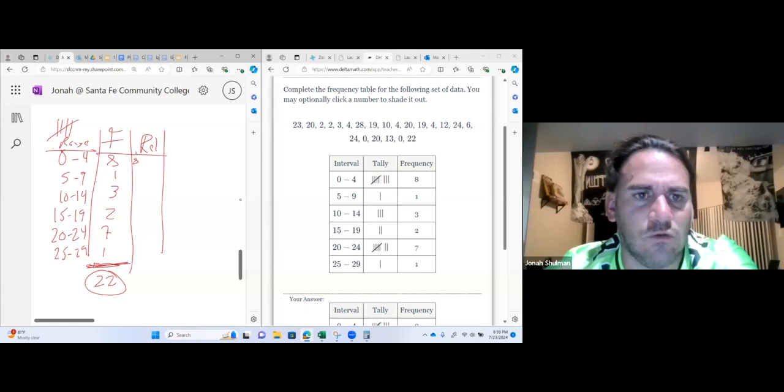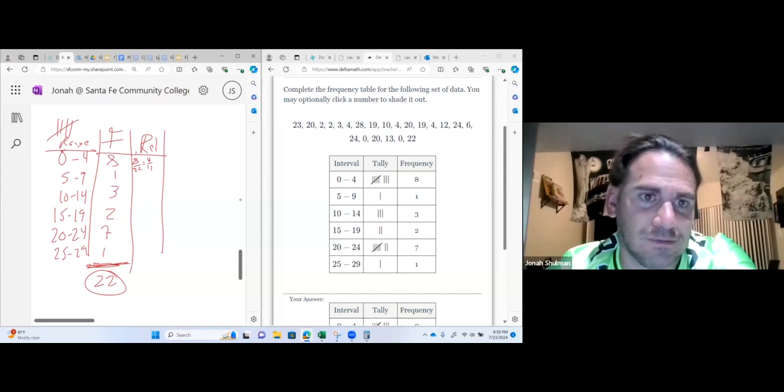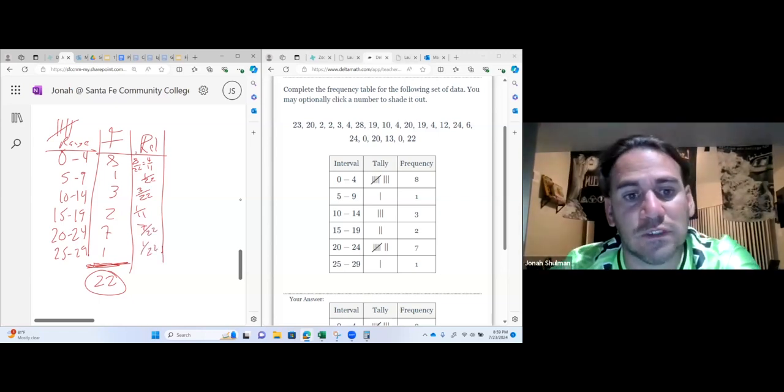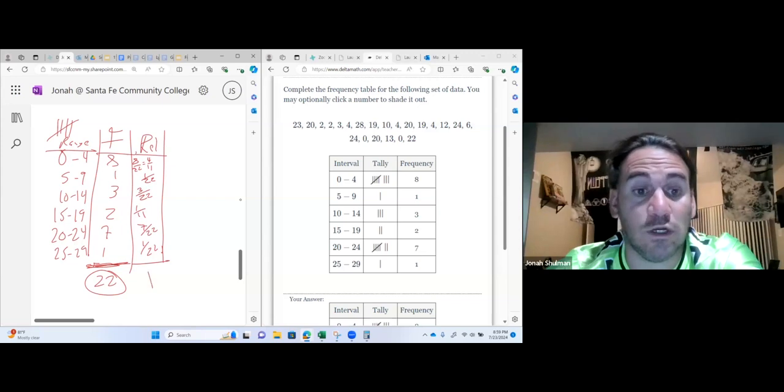So this is 8 over 22, which is 4 over 11. I like the fractions, but everybody likes different things. That's 1 over 22. This is 3 over 22. 2 over 22 is 1 over 11. 7 over 22 and 1 over 22. So these are all the relative frequencies. They'll turn out to be 1 if you add them up.